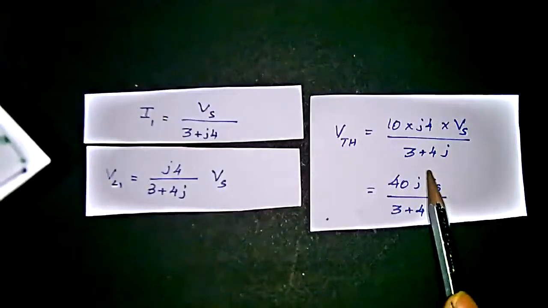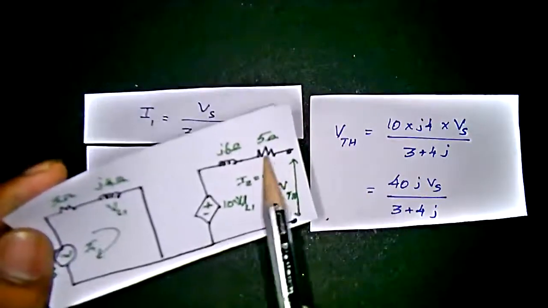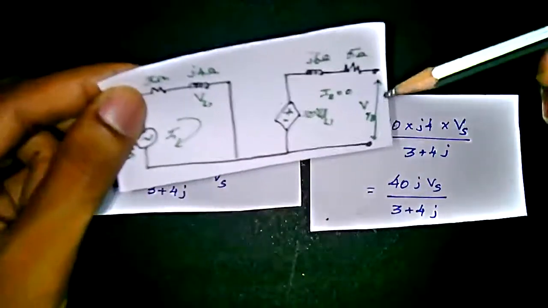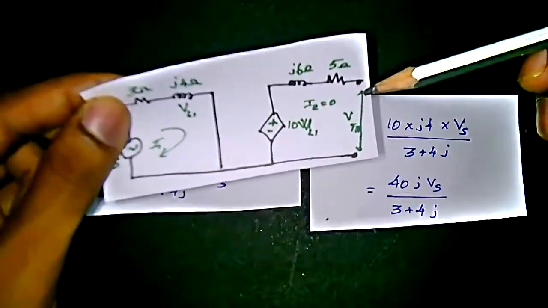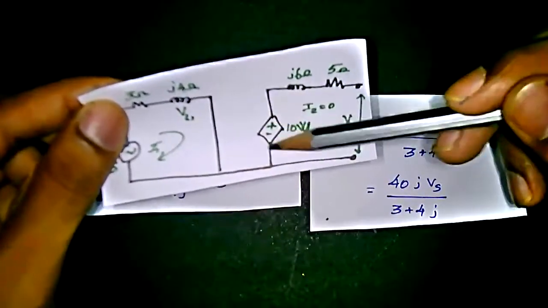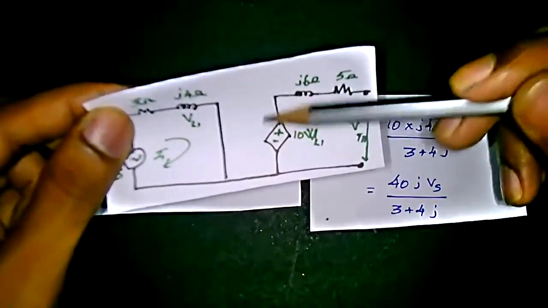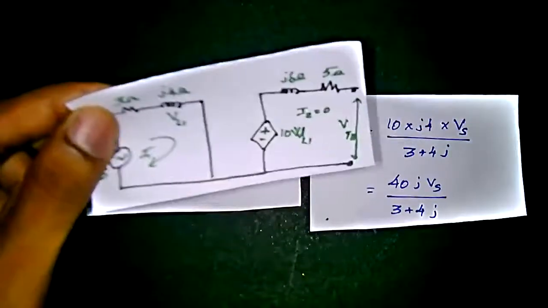How it comes to 10 times this: the Thevenin voltage seen by the load resistance is equivalent to the value of this dependent source, which depends on 10 V_L1.